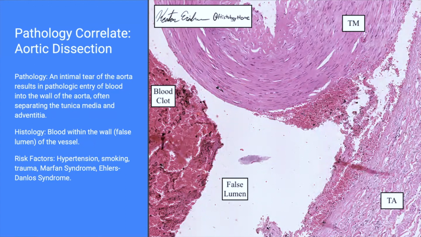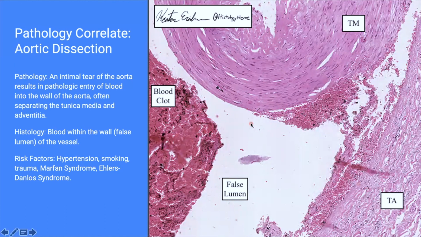But here we're seeing blood and space in between the tunica media and the tunica adventitia. So we know that this is a dissection because blood and fluids are not supposed to be in between smooth muscle and the connective tissue layers of our vessel wall.